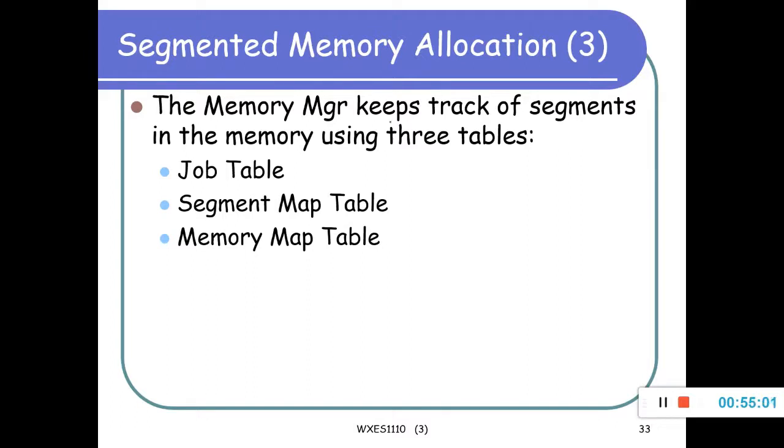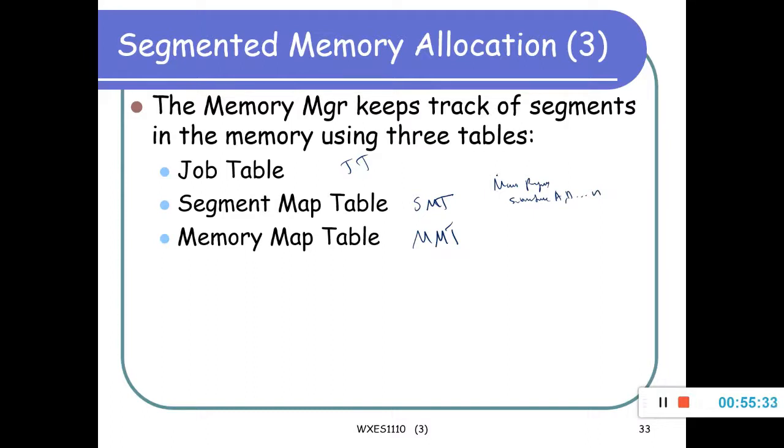The memory manager keeps track of segments in memory using three tables: the job table, the segment map table, and the memory map table. The segment map table is like the main program and subroutines A, B through N. The job table lists each job in progress.